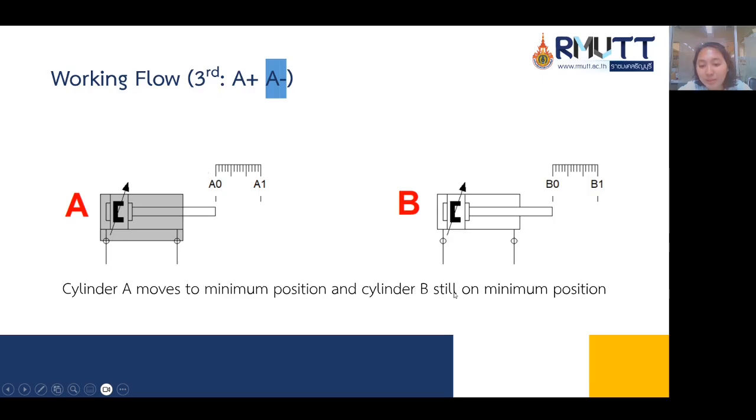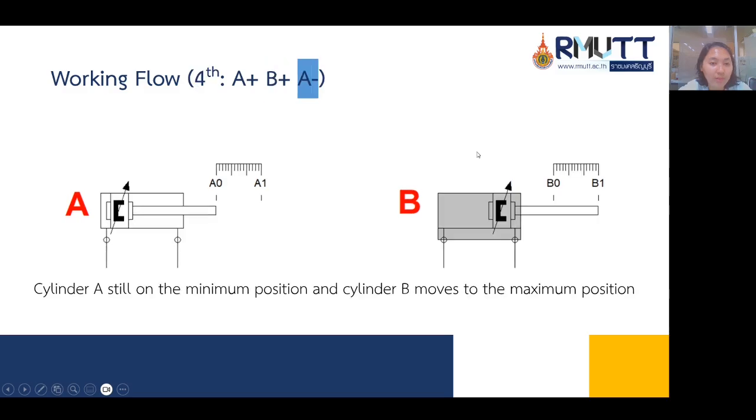And then cylinder B is in the minimum position and reaches limit switch B0. And then the next signal is... I'm sorry, this is A plus, A minus, and B plus.